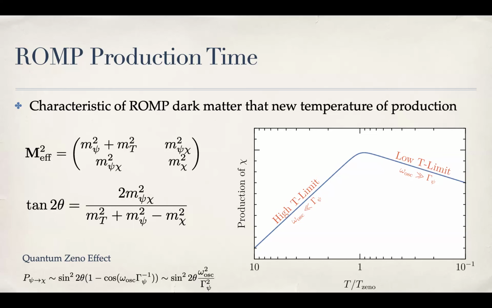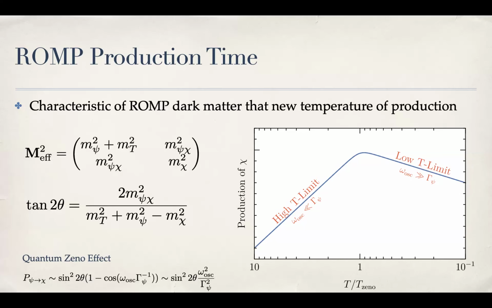So you can Taylor expand this, and you see now that your probability is not just sine squared 2 theta, it's sine squared 2 theta times (omega_os over your scattering rate Lambda) squared. So you're suppressed by this value when your scattering rate is very large compared to your oscillation rate, right? And it's literally like the quantum Zeno effect. You keep watching your state, you keep scattering, and you're stuck in a psi state. You can't produce this as a chi.